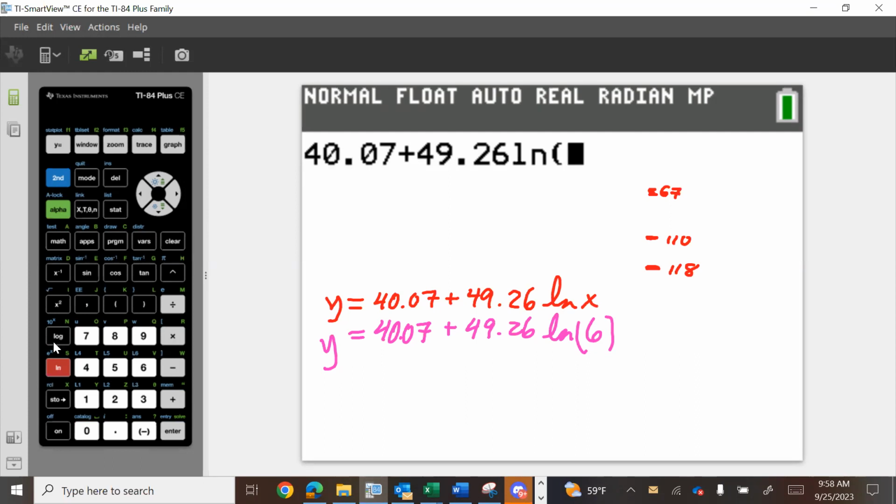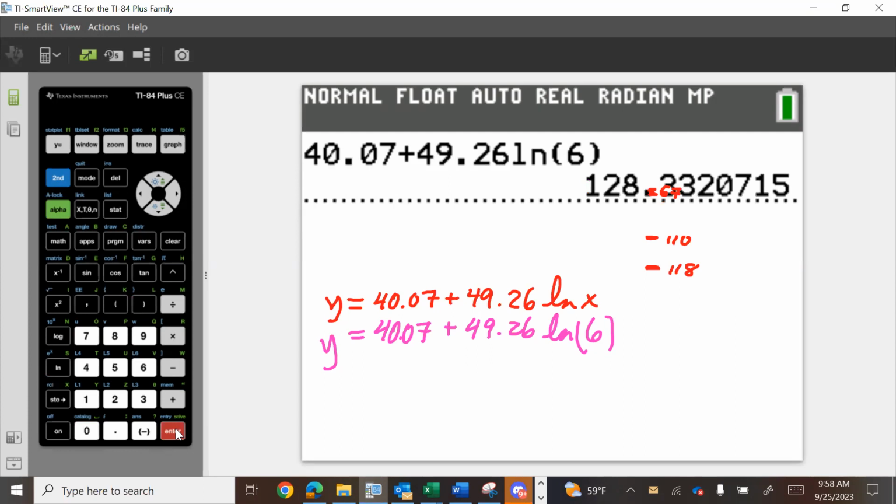This one's log base E. I have not explained what that means. I don't think I ever get around to it in the class. And boom, 128.3 feet high. And I'm going to include my units. Feet.